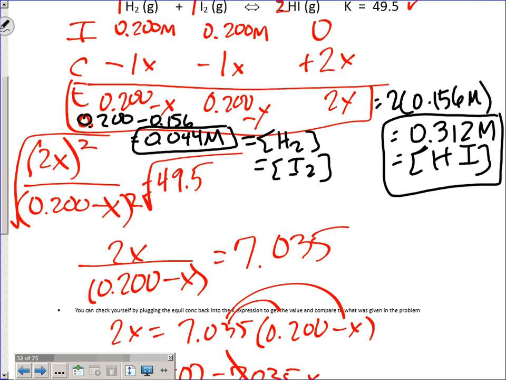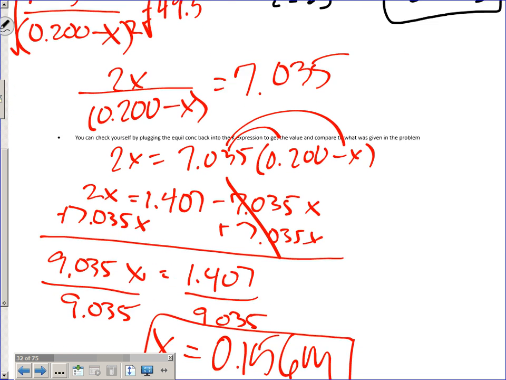Whew! I'm tired. That was a long one because it gave us no information for our finals. You had to do a substitution of x. Set your substitution of x as equivalent to your expression and then your K value itself. Do some math and solve for x. Now, I don't need you to support me through the entire math process. I understand you guys can probably get here.